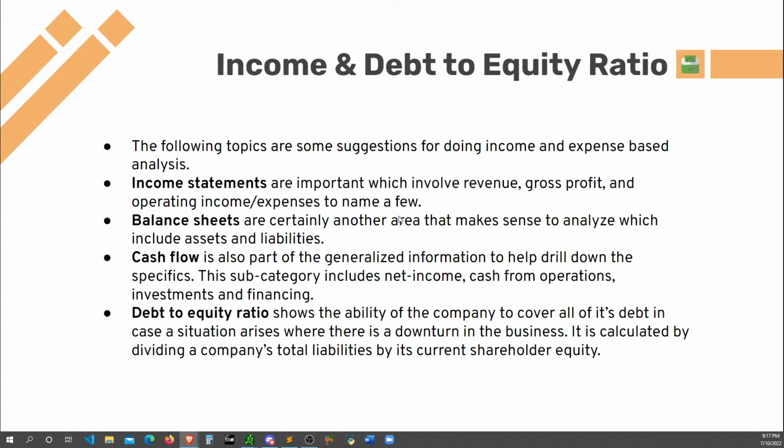Okay, so income and debt to equity ratio. This one is also somewhat important, I think. I'm trying to figure out how to explain this.